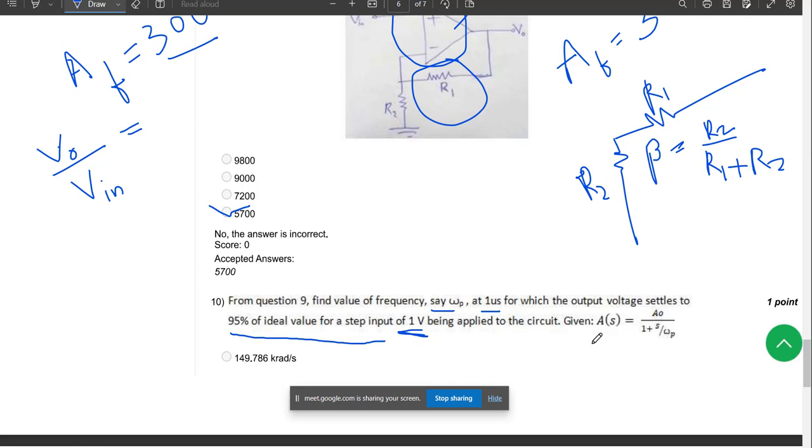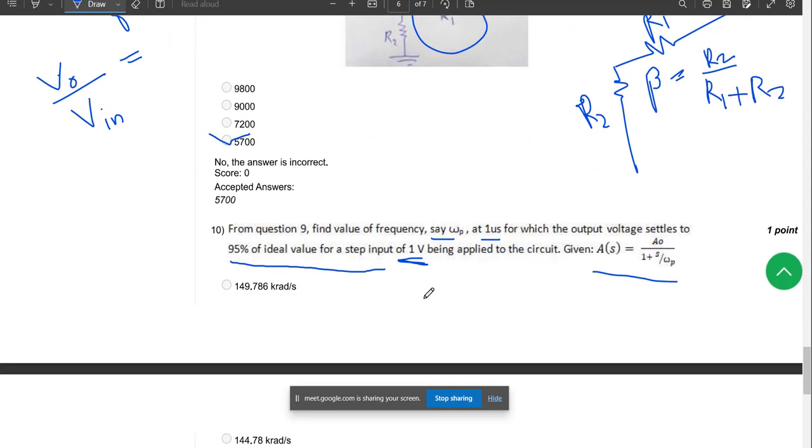Here again the open loop gain is given something like this. Please note that the input voltage Vi is not DC anymore. It has now become a step function of 1 volt.